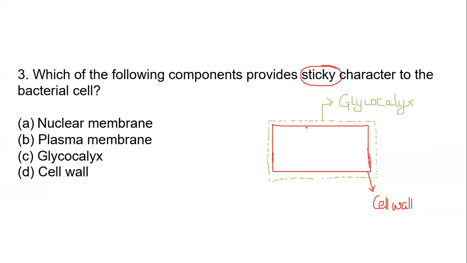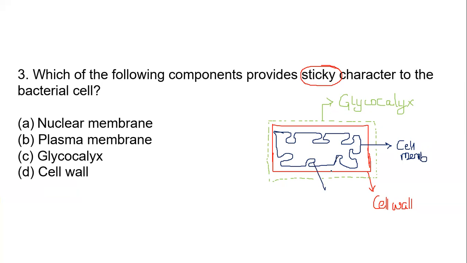And towards the inner part of the glycocalyx, you will see the plasma membrane, and the plasma membrane will be showing certain invaginations into the cytoplasm. Right, everybody? This blue layer is known as the cell membrane or the plasma membrane. And this invagination, which is shown by the plasma membrane, is a very important question from the chapter cell also.